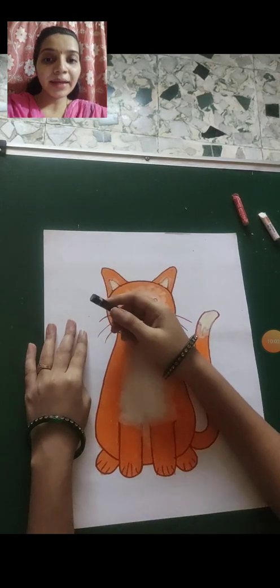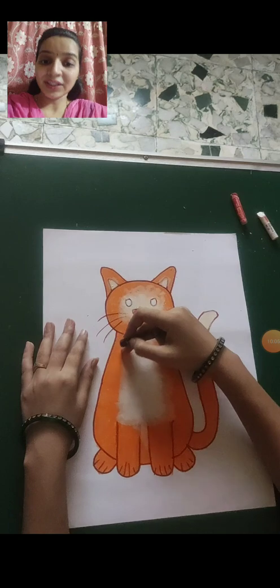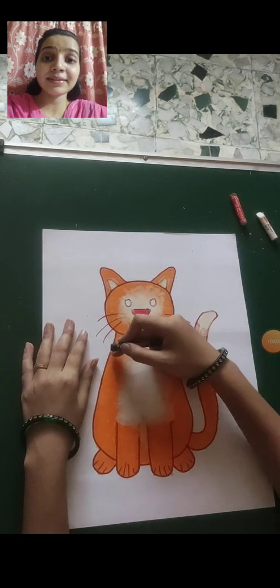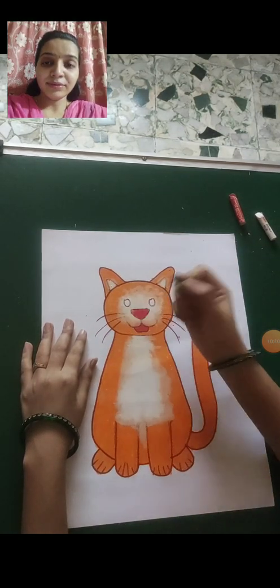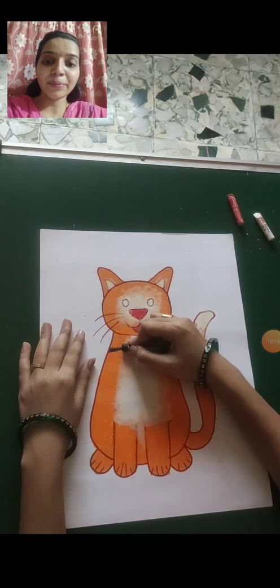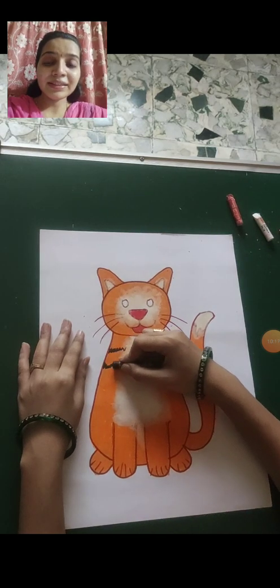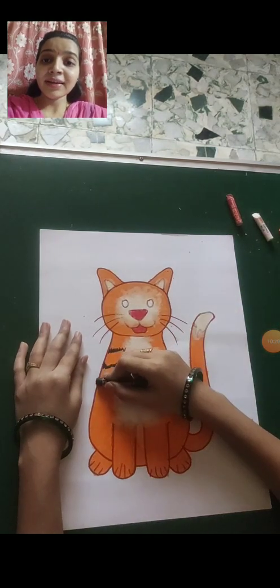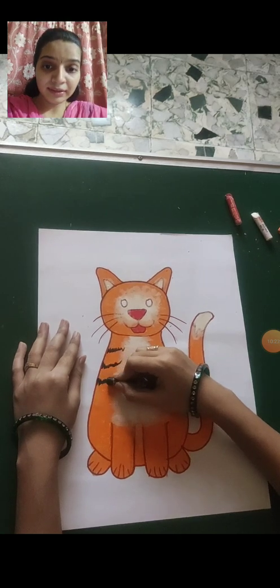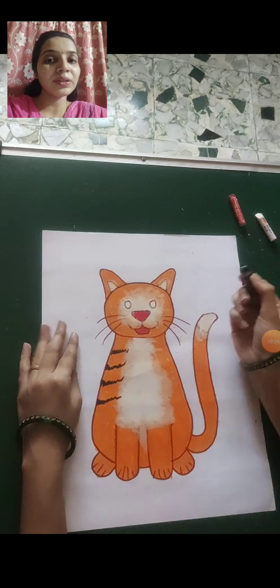Now with black color we are going to give a very beautiful texture inside the cat, but see how I am doing, using zigzag lines. Give a zigzag pattern. But see kids, these zigzag lines are very thin. Don't make them broad, otherwise it will not look nice.